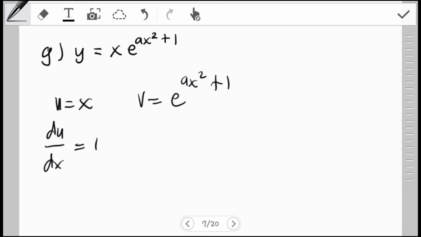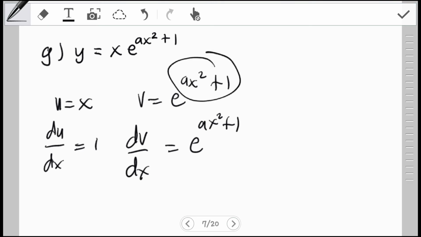Okay, so where dv over dx is the derivative of e to the ax squared plus 1, we apply the chain rule.